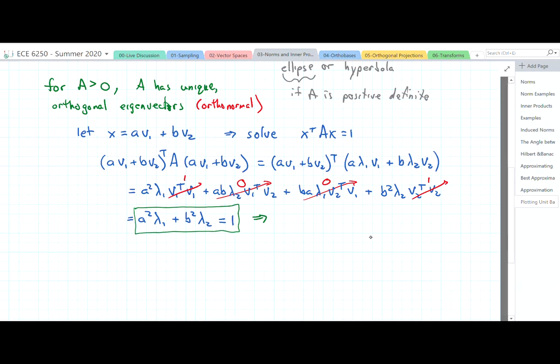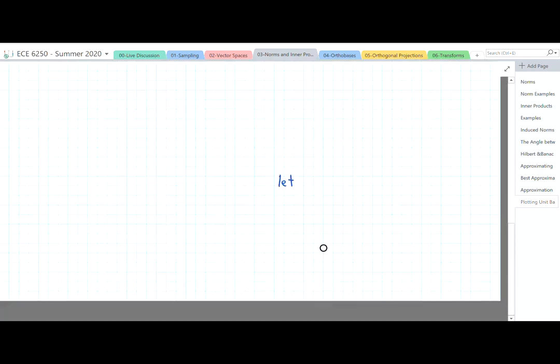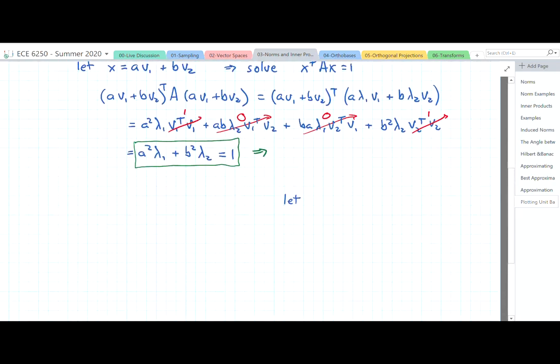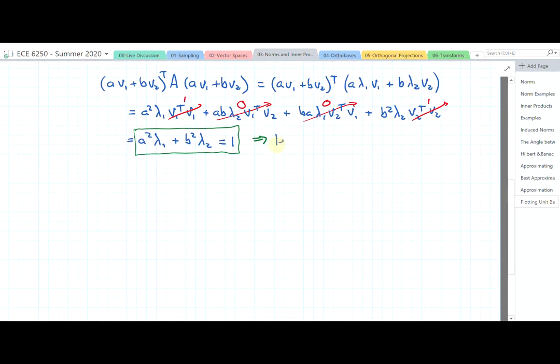Okay, so a solution to this is we can let a equal cosine theta over the square root of lambda 1 and b equal sine theta over the square root of lambda 2.